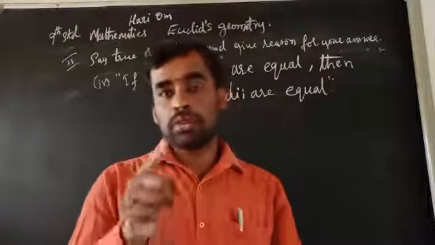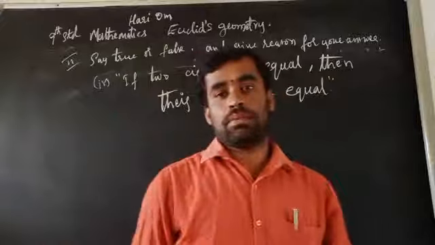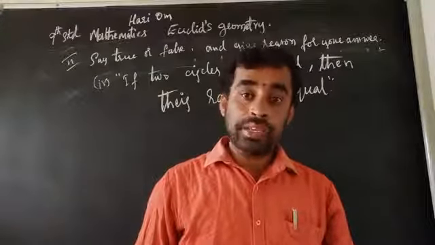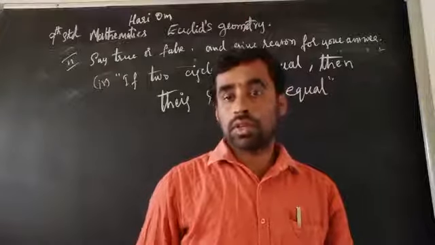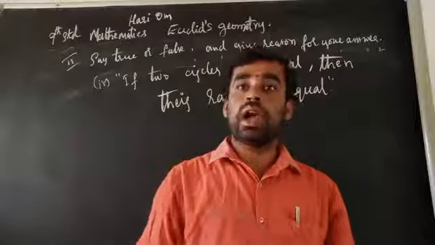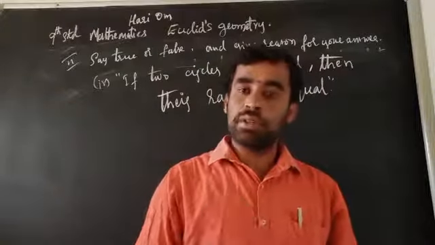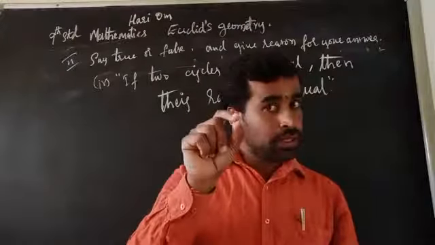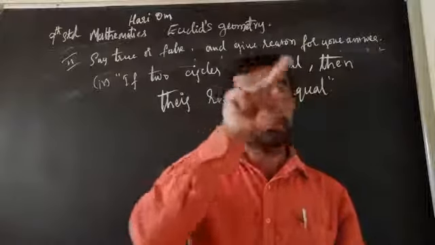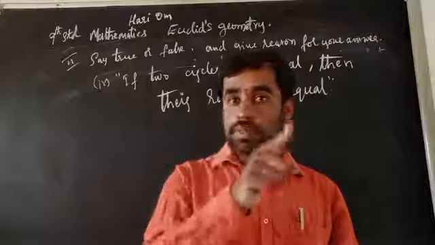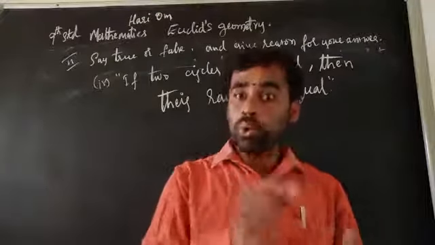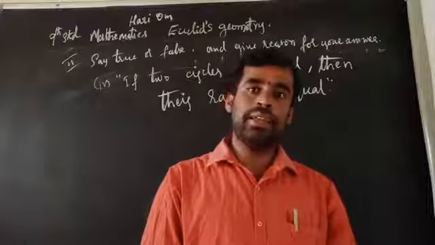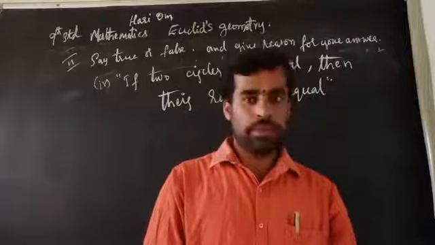That means the two circles have the same size, and so their centers and the circumference are coincide. Here the two circles are equal, then the center point and the circumference of the circle, the curved line or perimeter of the circle, coincide. Therefore, their radii will coincide.